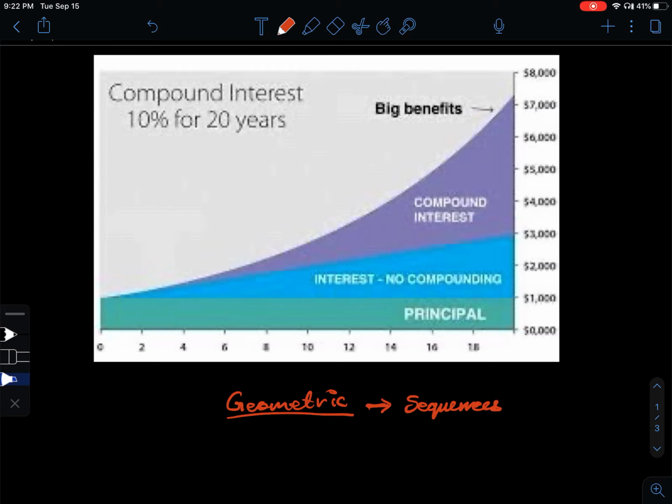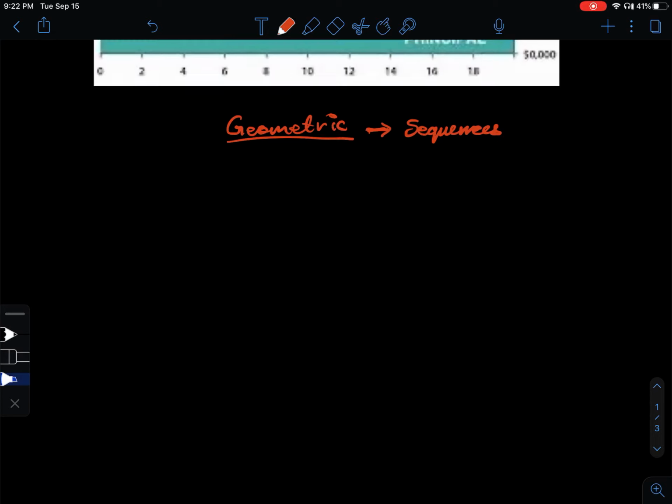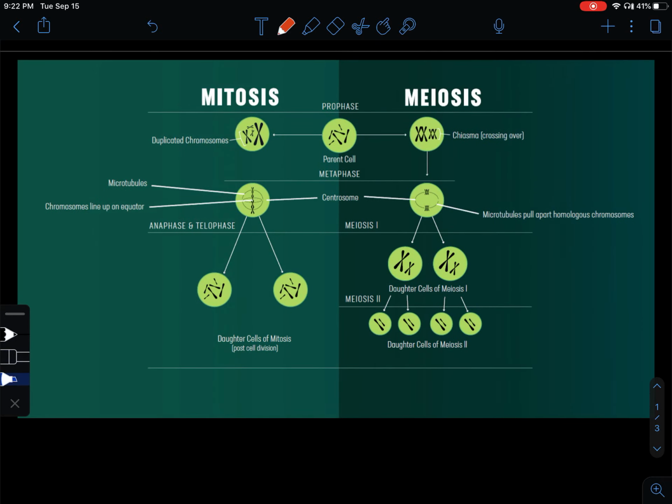Right. And another example is a direct relation to biology, mitosis and meiosis. Now, mitosis is where each cell splits into two identical cells. So basically each cell is doubling.